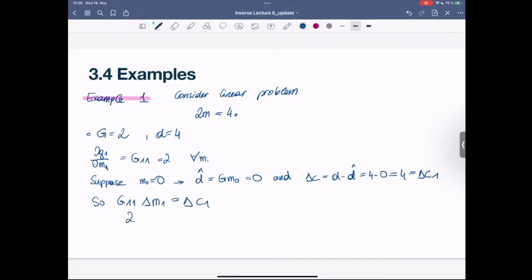So 2 delta M1 should equal 4, which leaves us with delta M1 equals 2. And our model update gets done: M1 equals M0 plus delta M1, which is 0, our starting point, plus 2.